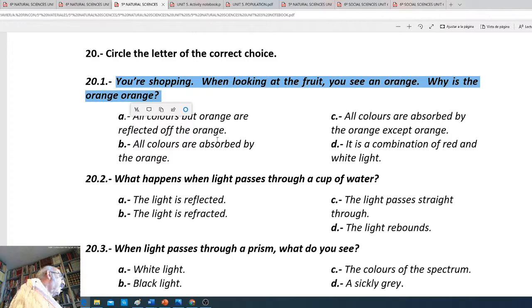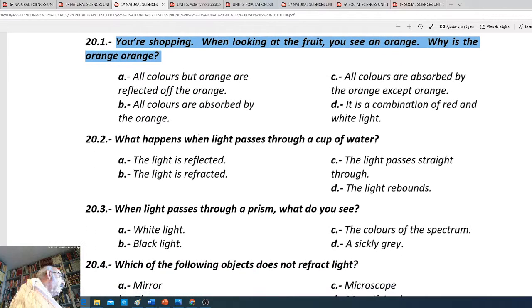So, we need to choose between all colors but orange are reflected of orange. If they are reflected, we can see all of them, but we can only see orange. So A is very difficult. B, all colors are absorbed by the orange. If all of them are absorbed, we can see none. So we only could see black.